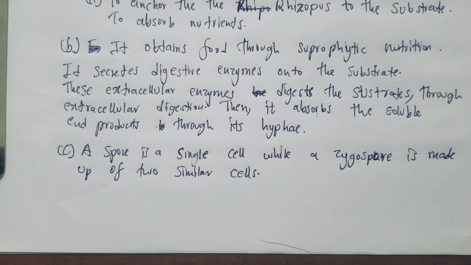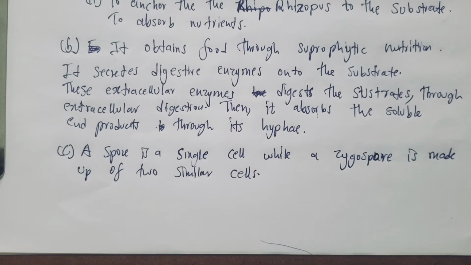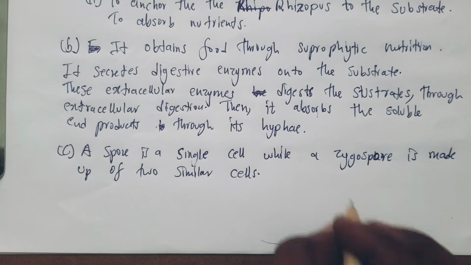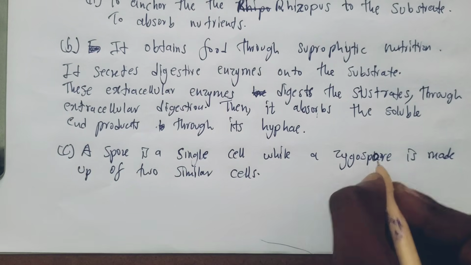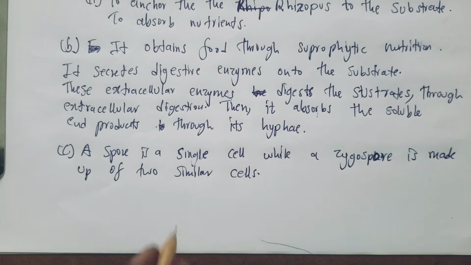I hope you get the difference. The other difference is that spores are produced by asexual reproduction, whereas the zygospores are produced by what? By sexual reproduction.